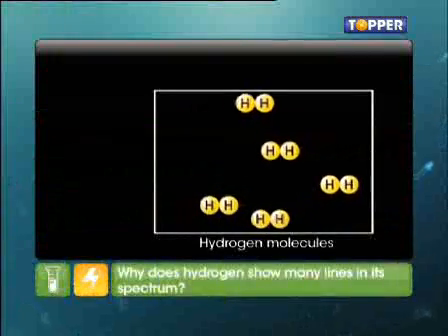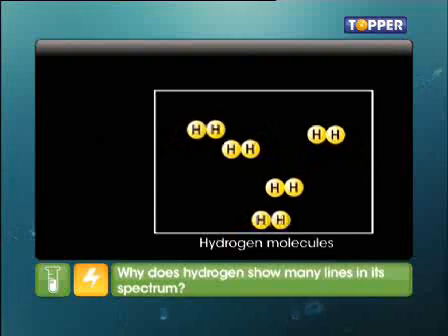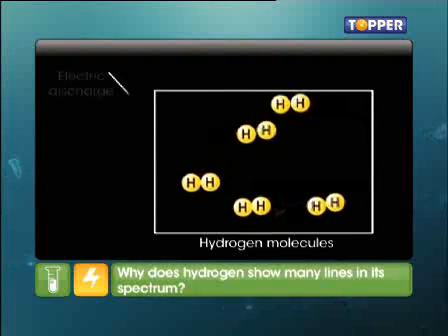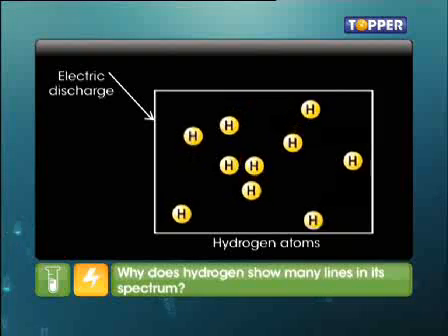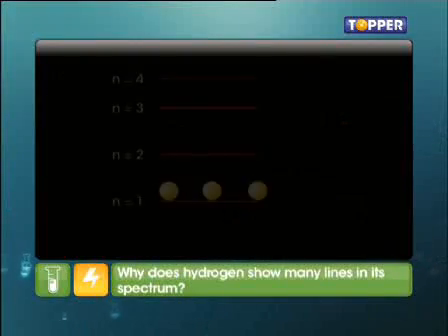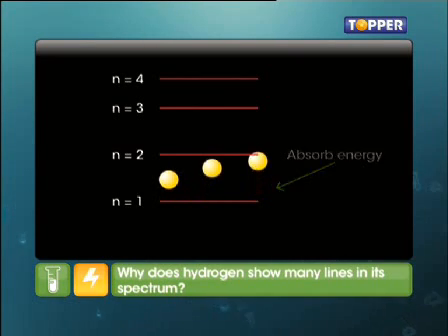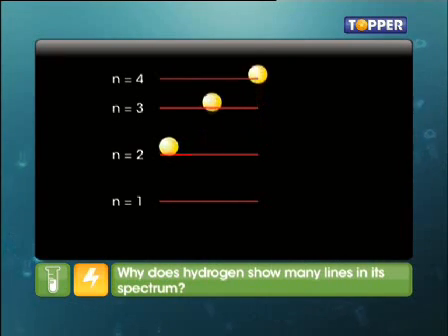You know that in a sample of hydrogen, there are a large number of hydrogen molecules. On passing electric discharge, they split into hydrogen atoms. Therefore, electrons of different atoms absorb different amounts of energy and are then excited to higher energy levels.